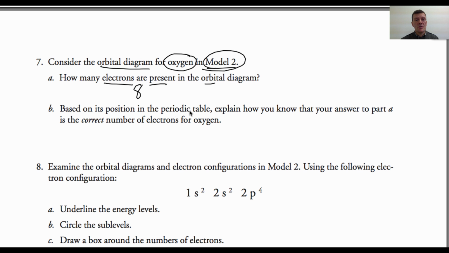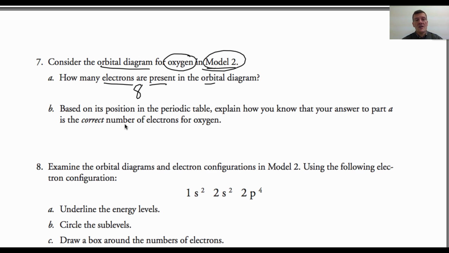Based on its position in the periodic table, explain how you know that your answer to part A is the correct number of electrons for oxygen. Well, if you look on the periodic table, oxygen is located in the position where if you count across, excluding the transition elements, the main group of elements, it is in a position that tells you that it has 8 electrons. All you got to do is count. It also has an atomic number of 8.